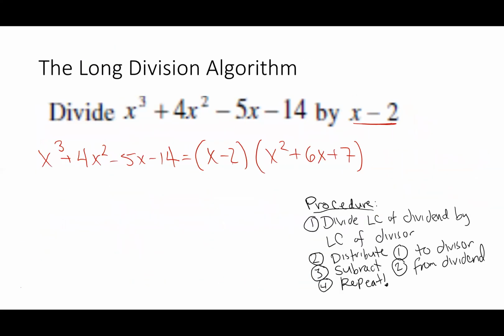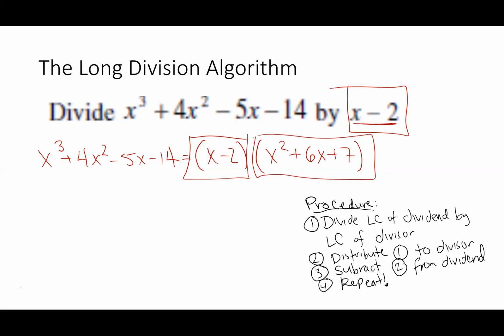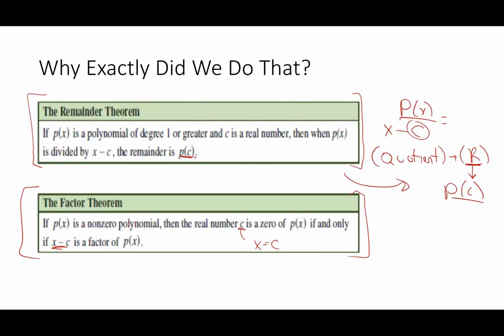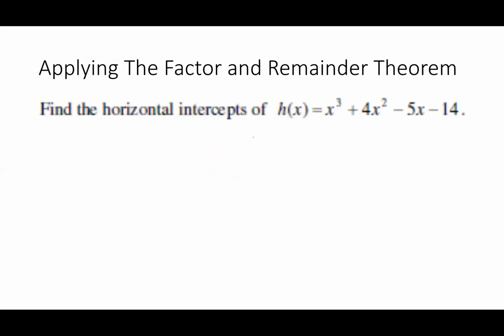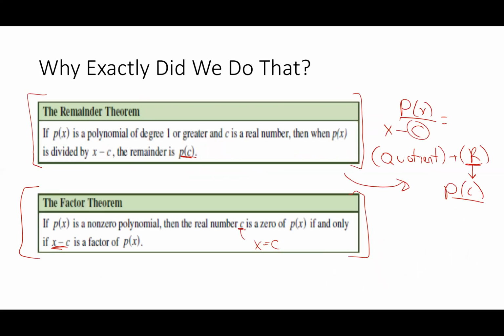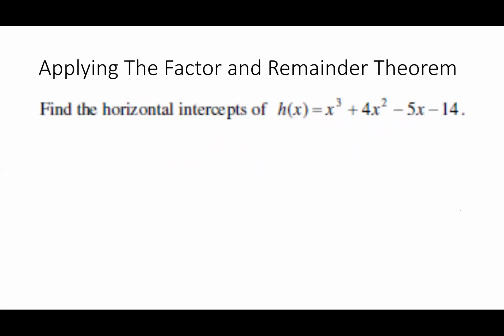If I have a nice division with a remainder of 0, that thing I divided by must be a factor. And the quotient is going to be whatever's left after I factor out that divisor. Okay? Now, let me explain a little bit more about the remainder theorem later on in this lesson.